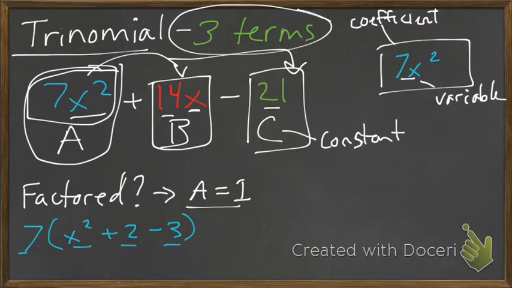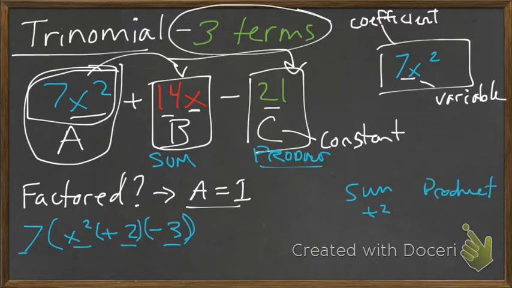Now I have to think of values that work with positive 2 and negative 3. If we recall, b was our sum and c was our product. So if I write these here, sum of positive 2, product, and of course that means when they multiply together, negative 3.